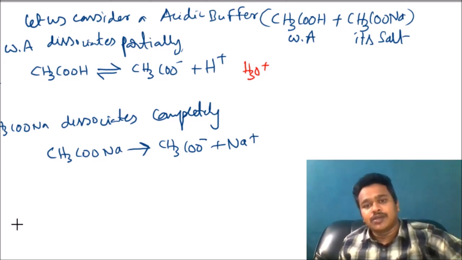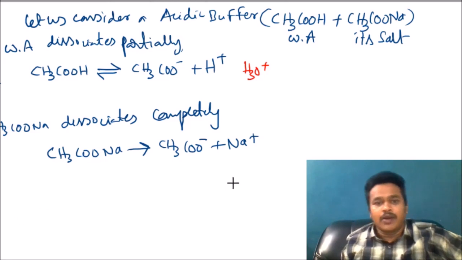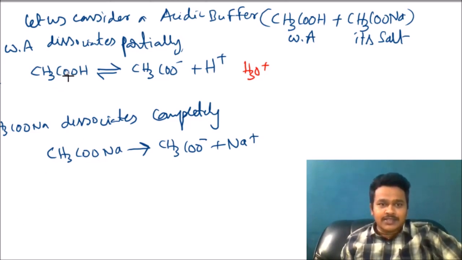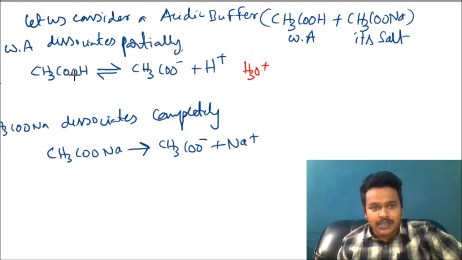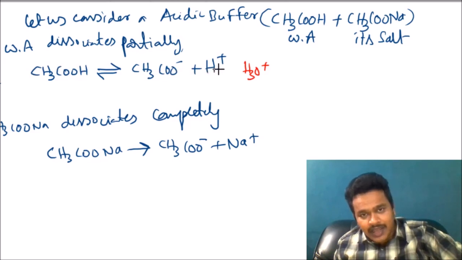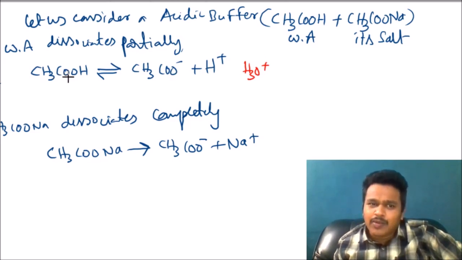Everybody has to observe one point here. The weak acid dissociates only slightly: out of the amount you take, only a small, negligible amount converts into acetate and H plus ions, or H3O plus. The salt, however, converts completely into ions.